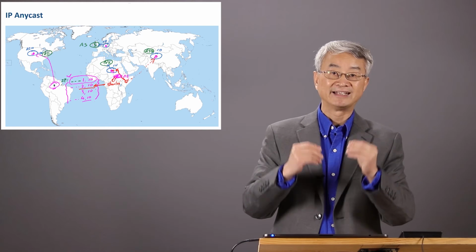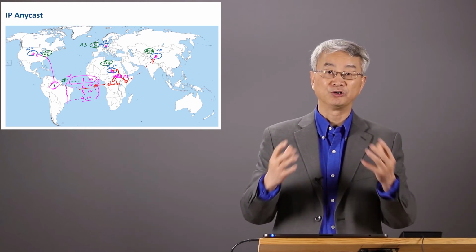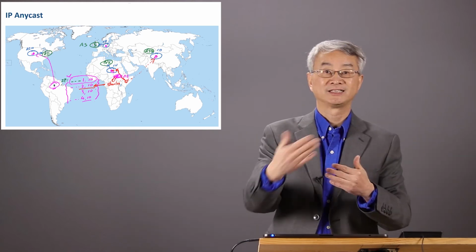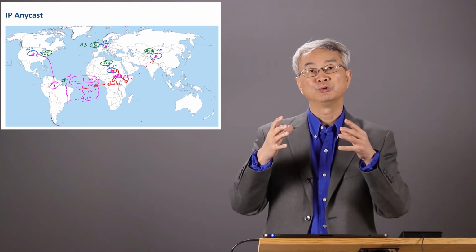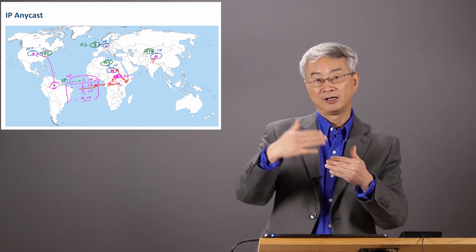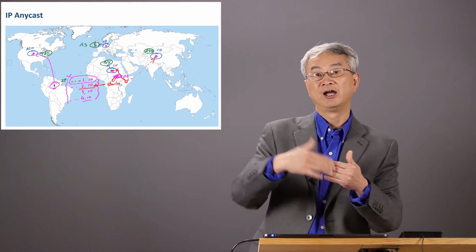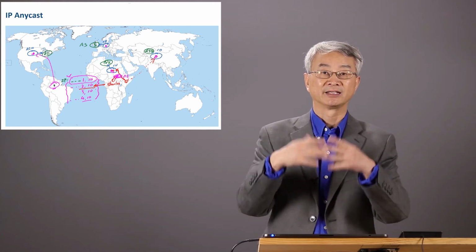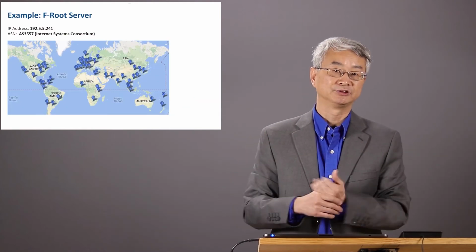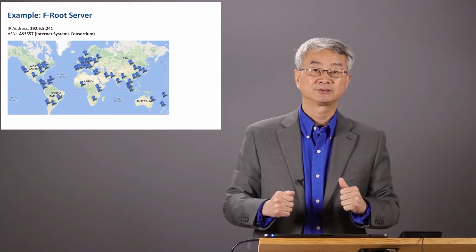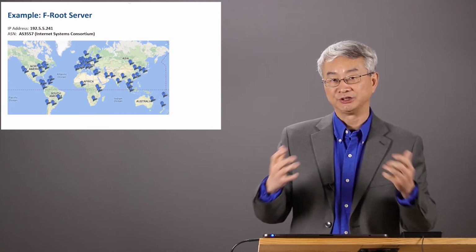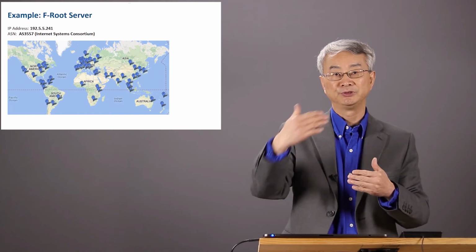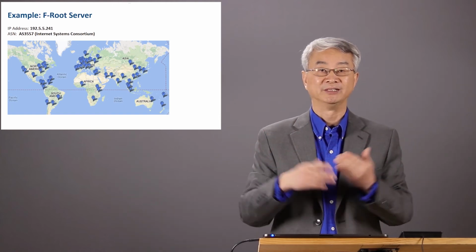That can naturally achieve load balancing and also proximity. So if you're local to a server, chances are you're going to talk to the server nearby, and this makes it faster. This is widely used for the DNS root servers. DNS is the infrastructure of the internet, so the faster you can reach the root server, the better the performance is.